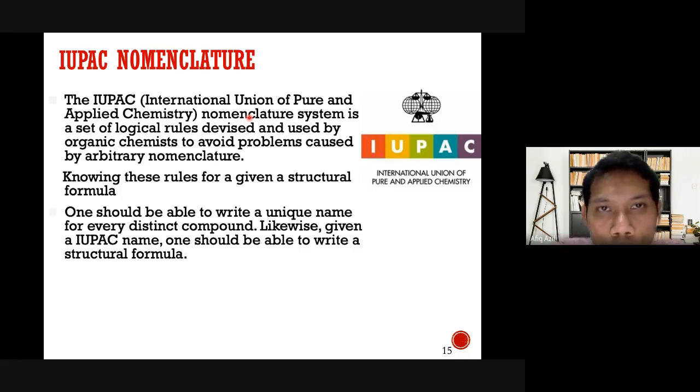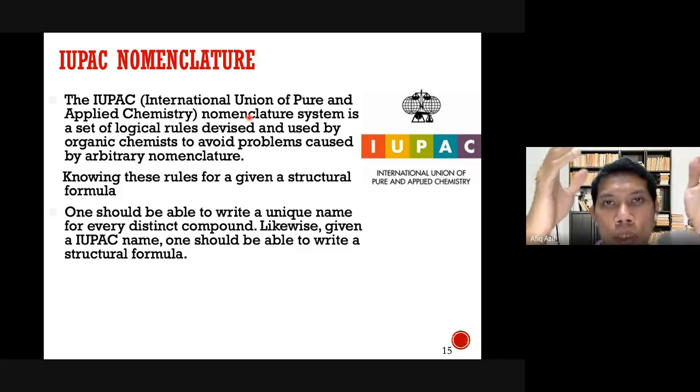Then before we go into the naming itself, you need to know about IUPAC. The nomenclature, or naming rules, are given out by the International Union of Pure and Applied Chemistry. This is an international body that meets to devise rules and regulations so that the naming of organic compounds will be systematic, and everybody will use the same naming so that you won't get confused.